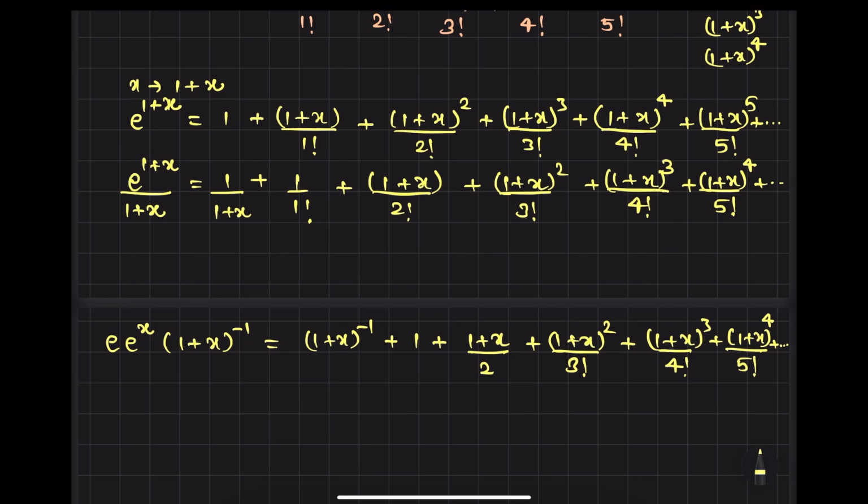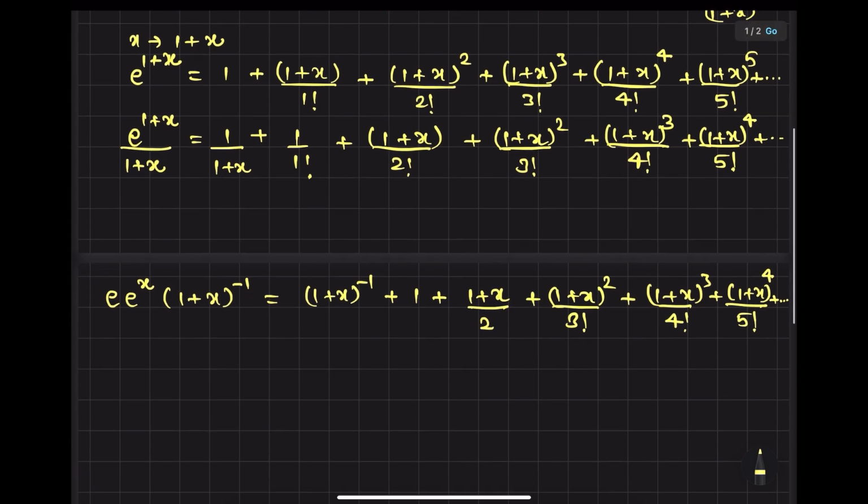Correct? Now look at this. You know that the expansion of e power x is what? 1 plus x by 1 factorial, x square by 2 factorial, x cube by 3 factorial dot dot dot. You will keep on going, but you need what? The coefficient of x square.